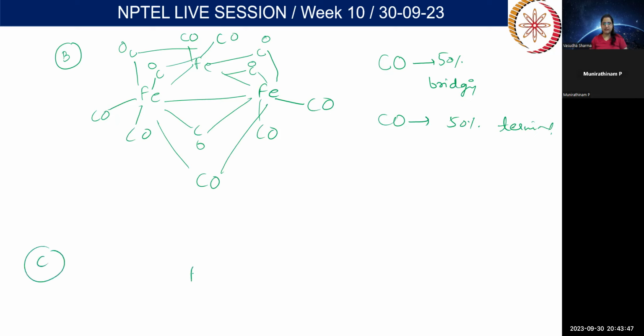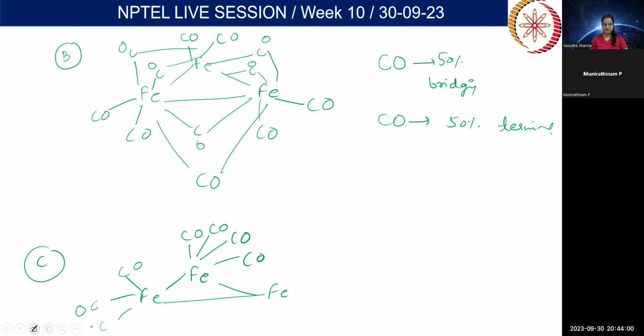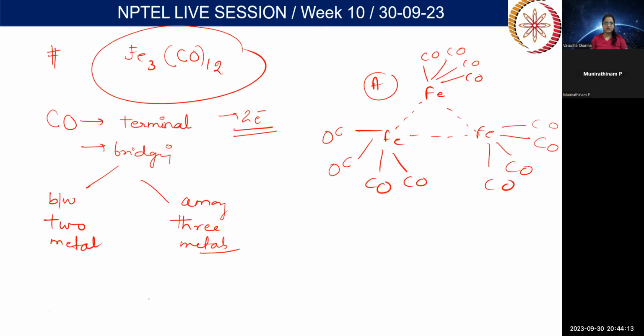The third possibility that we have is one iron having 4 terminal carbonyls and the other ones having 3 terminal carbonyls and 2 of them bridging with them. So in the first case, all of them have only terminal carbonyls and all three irons are the same.